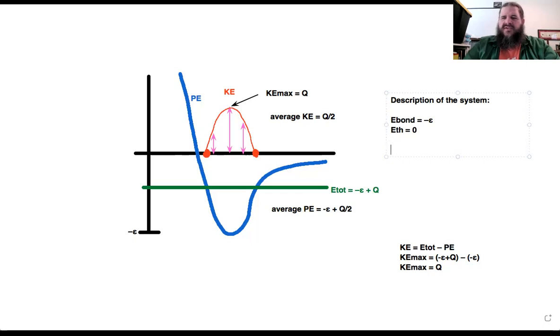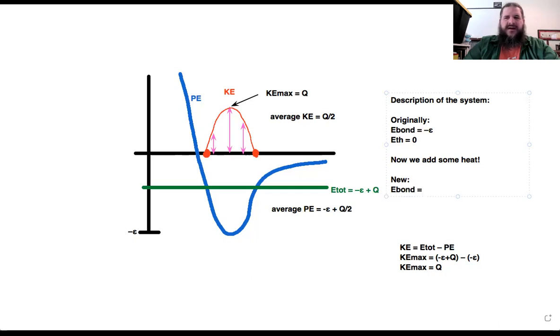So let's see what the system now looks like. For the new values, has E-bond changed? Have we actually broken any bonds?